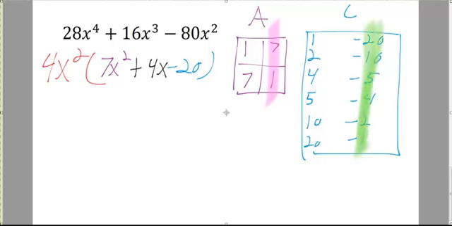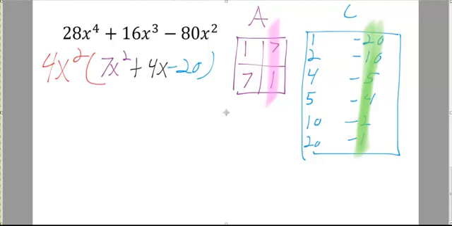Okay, so the two highlighted columns will multiply together, the two unhighlighted columns will multiply together, trying to find 4. Okay, and so what we'll do is we'll start with this one at the top, multiply it by the top.